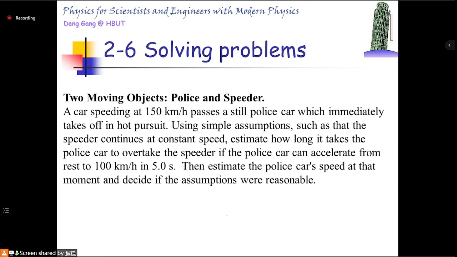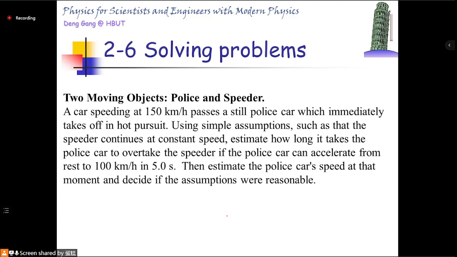Okay, let's see this. Two moving objects: the police and the speeder. A car speeding at 150 kilometers per hour passes a stationary police car, which immediately takes off in hot pursuit.